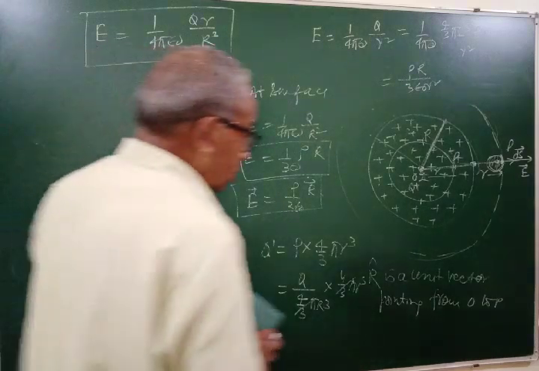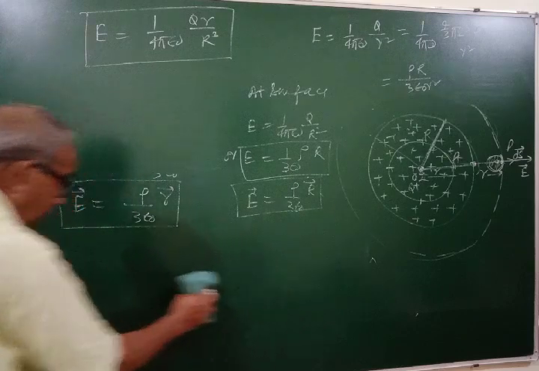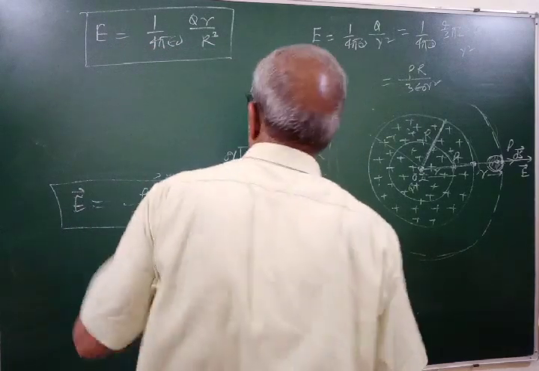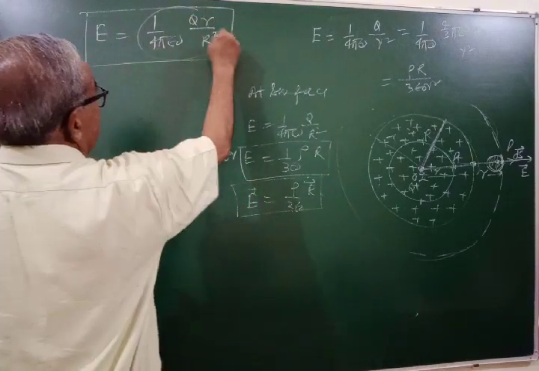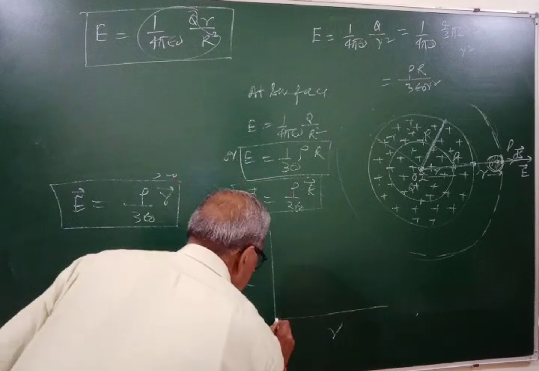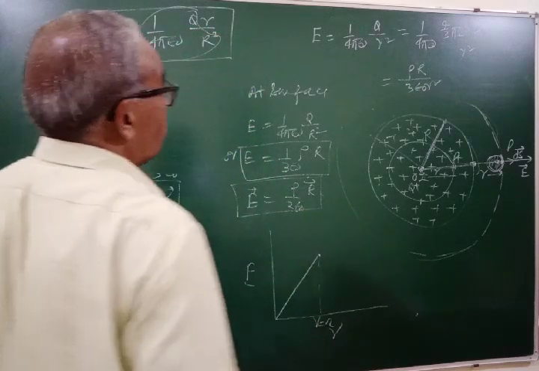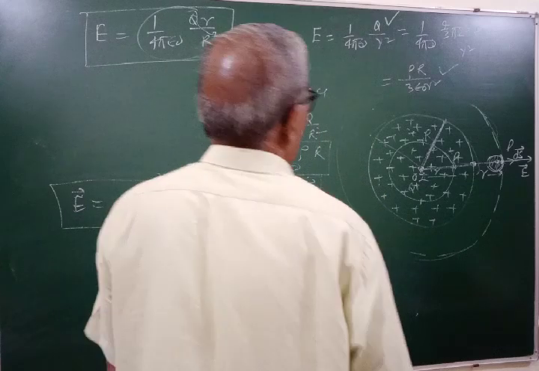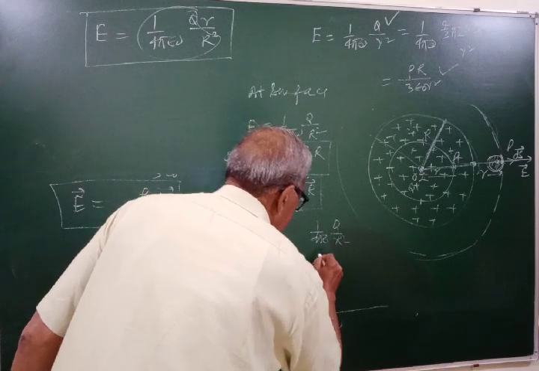If I plot the graph between distance r from the center and electric field E, then inside, for r less than R, the electric field varies linearly up to when r equals R, and becomes 1 upon 4 pi epsilon 0 Q by R square, and then starts decreasing.